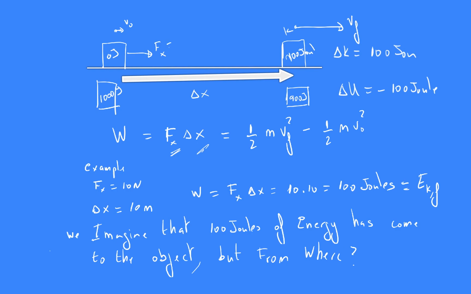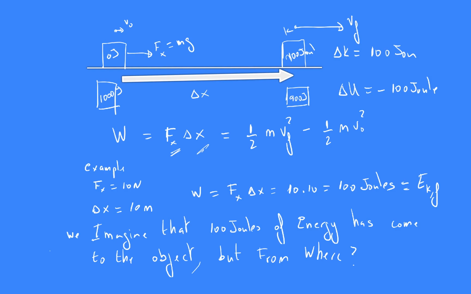If the force were mg, and you imagine this in a vertical fall, over a vertical distance delta y, when the gravitational force is acting, the object gains 100 joules and the gravitational field is losing 100 joules. The same thing is happening.